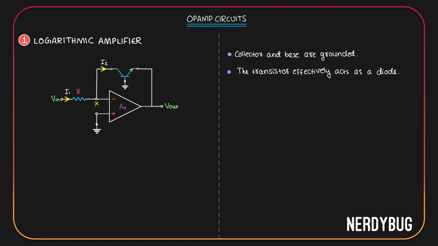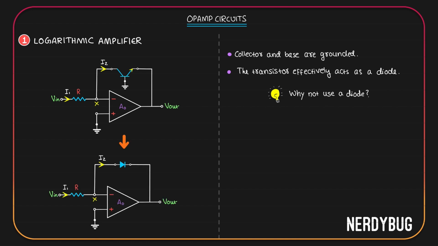Then why don't we use an actual diode instead of this? Why can't we have the circuit like this? Even the current voltage relation will be the same. Current through a diode is given by saturation current Is e to the power Vd divided by Vt. Everything will be the same, and you will see that output is proportional to log of the input.